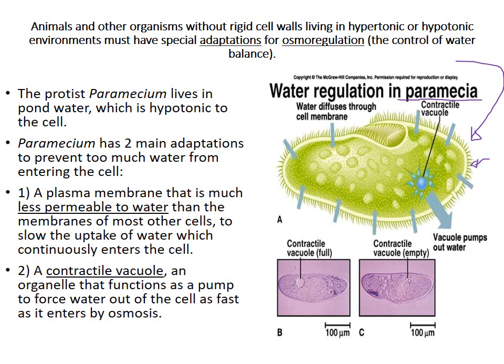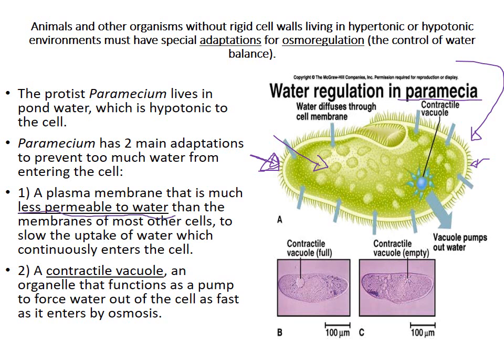Because it doesn't have a rigid cell wall, it is really vulnerable to changes in the water concentration within it, or I should say, in the amount of free water within it. So the paramecium actually has two adaptations that allow it to withstand changes to the water that comes into it. The first is that its plasma membrane is less permeable to water.